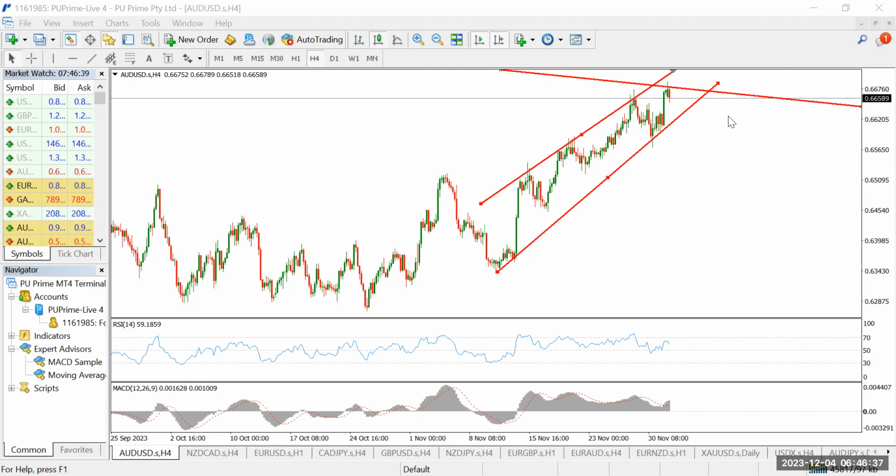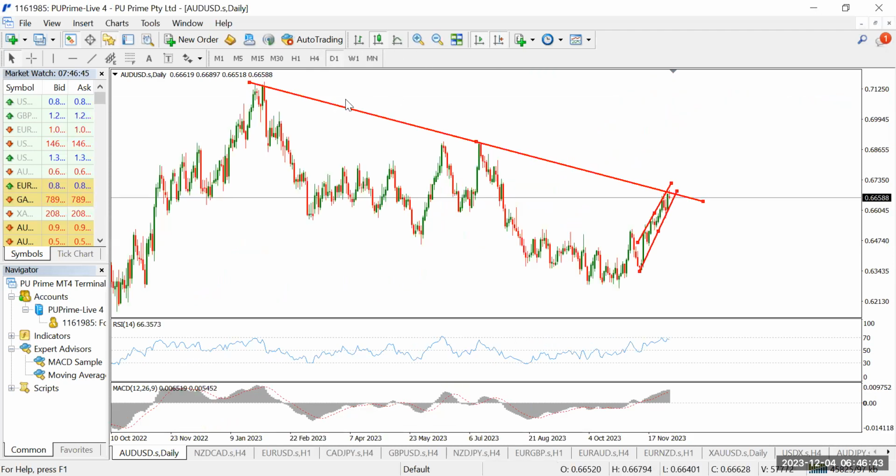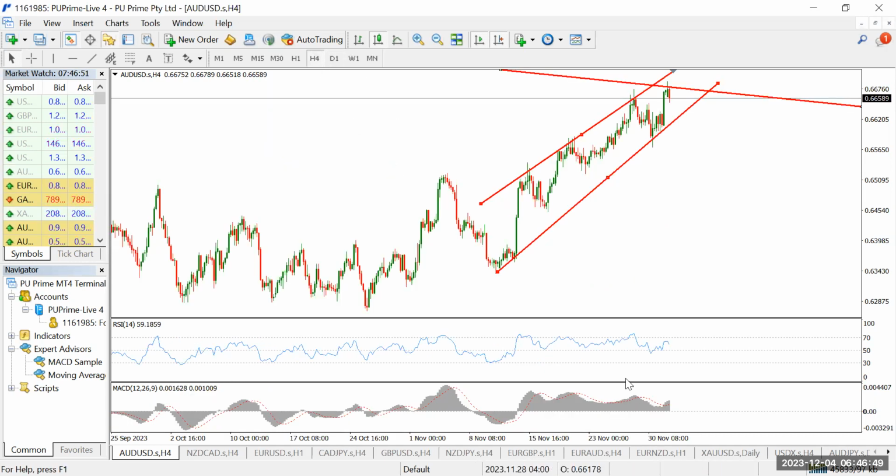So the first instrument I want to look at is the AUD USD. And on the daily time frame, we can see a downward trend on this instrument. The price is trending downwards. And if we flip down to the 4-hour time frame, we can see there is a rising wedge. So that tells us it's a potential swing trade. So I'll be expecting price to break out downwards, to trigger a sell trade on this instrument.